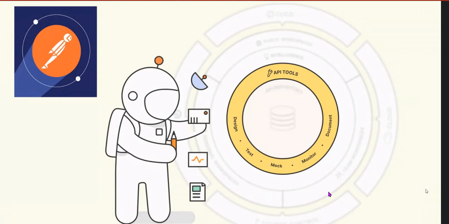We have four API testing methods, which I'll show you further: get, post, put, delete. These are the API testing methods which we have.